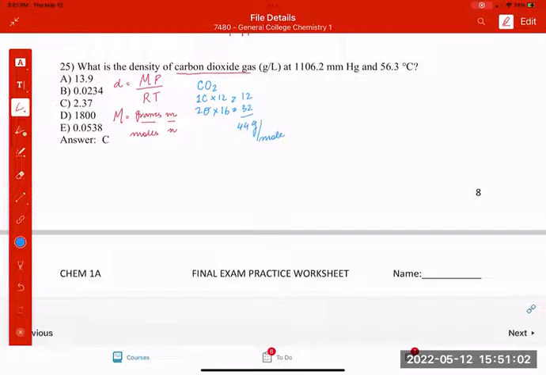Okay, so here we are given the molar mass times the pressure. In this case, the pressure is given in millimeters of mercury.